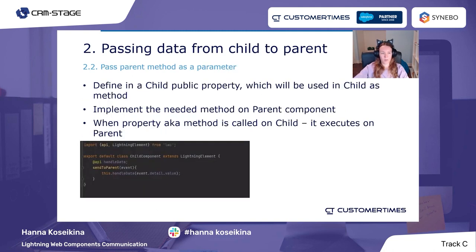And another option for how we can pass data from child to parent is to pass a parent method as a parameter. What is that? It's a situation when we want to execute some method on a parent from a child. For example, if we have different children, but we don't want to implement separate methods because they will all use the same method to pass the data.